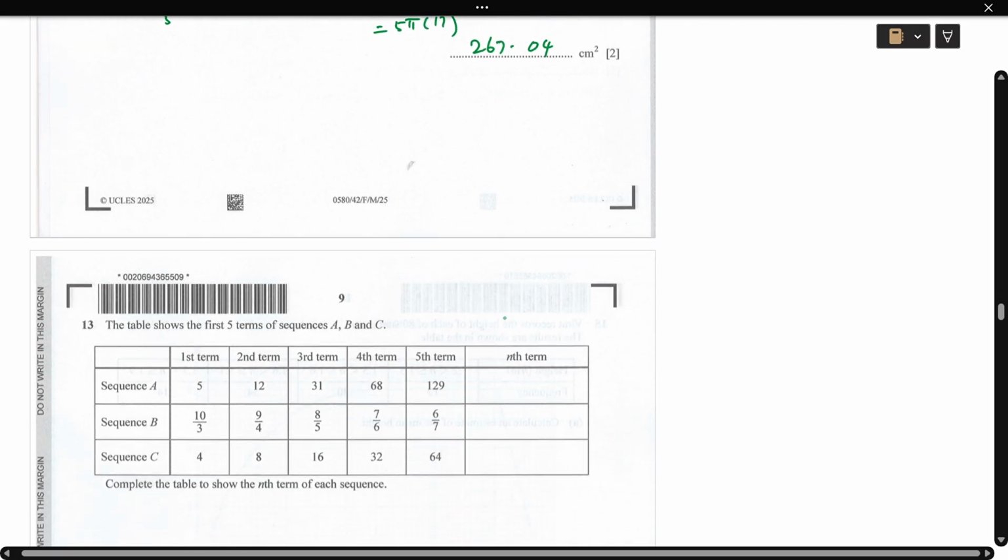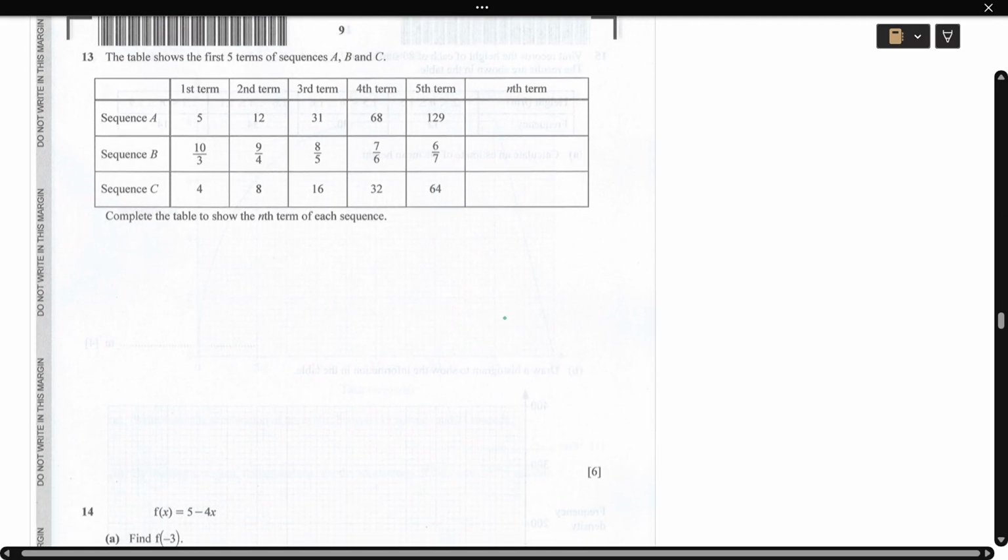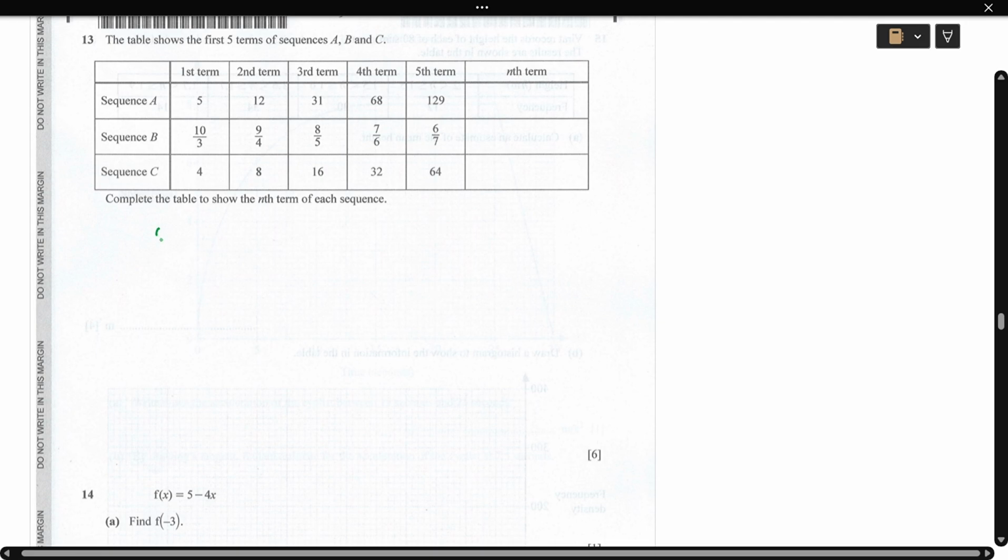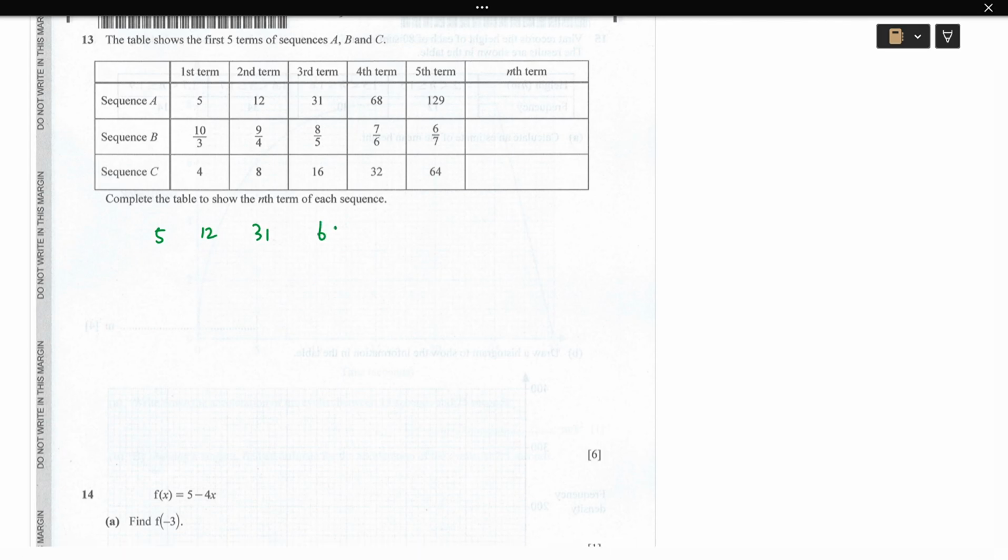The next one, a sequence: 5, 12, 31, 68, 129. The first differences are 7, 19, 37 and 61. The second differences are 12, 18 and 24.